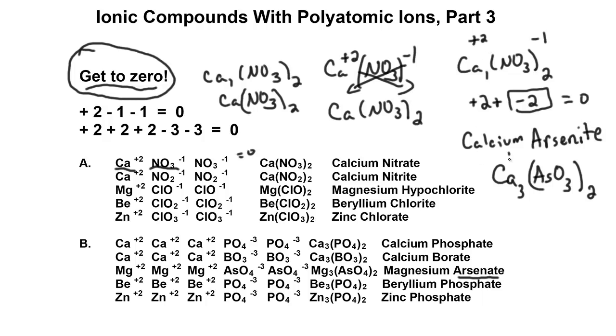Remember, calcium is a +2. +2 times 3 is a +6. +6 plus some number has to equal 0, and that's got to be a -6. So this arsenite, some number times 2 gives me a -6, and that number can only be a -3. And so you know that arsenite has a -3 charge. You know that that polyatomic ion is a -3.